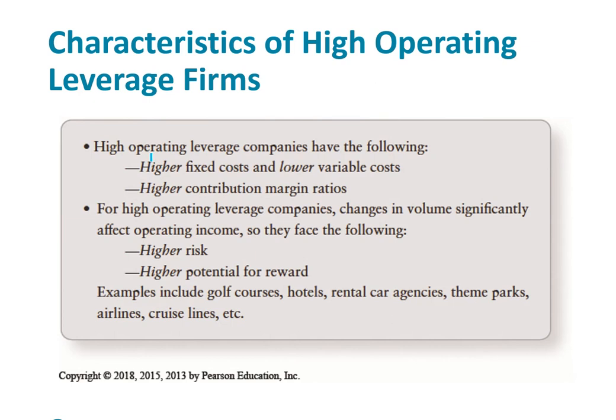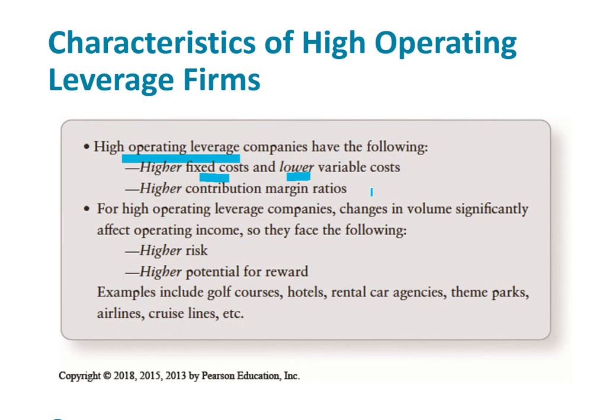So this tells us that when you have high operating leveraged companies, you have higher fixed costs and lower variable costs. As I mentioned, companies like agriculture typically have low operating leverage.